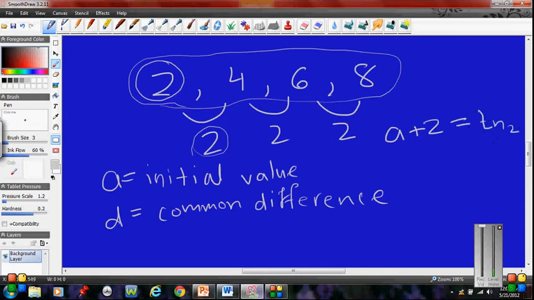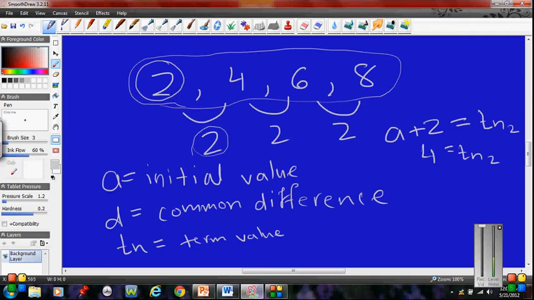Let's say that tn is equal to the term value, and the subscript is whichever term you're doing. So tn2 would mean the second term. So 4 is essentially equal to tn2, correct?